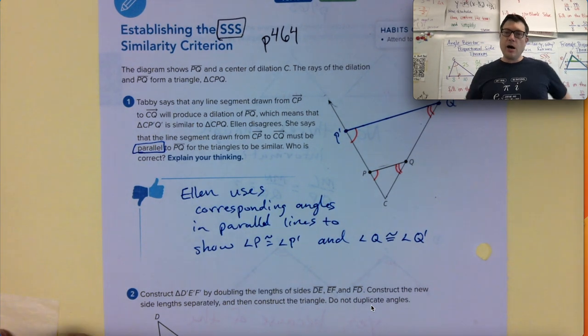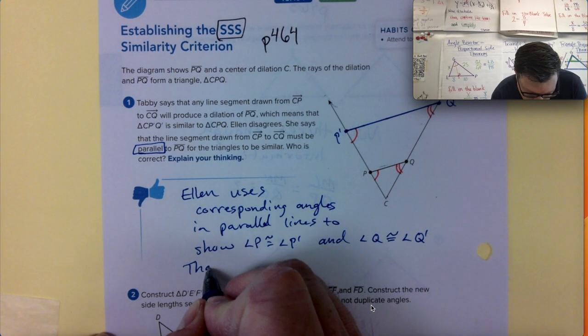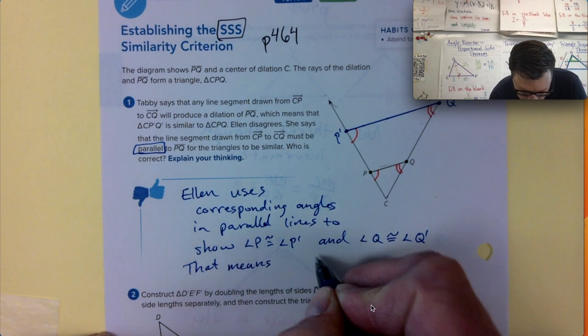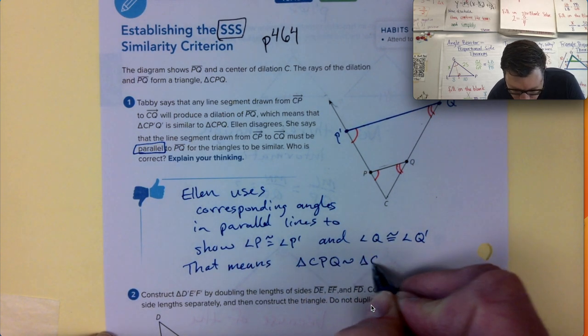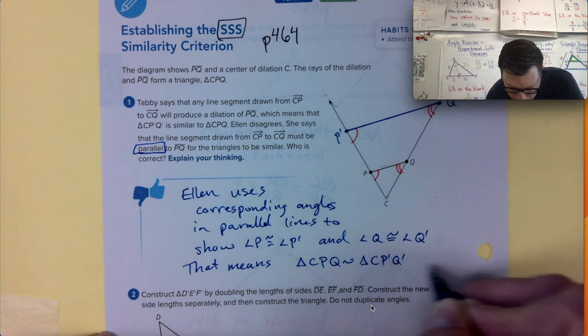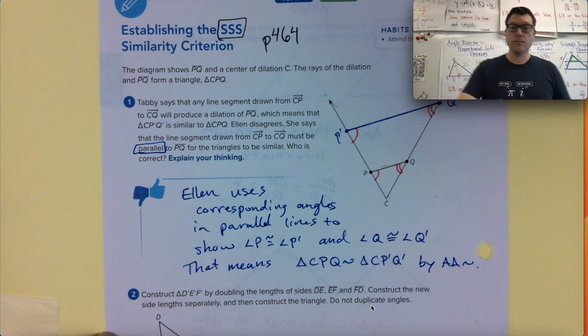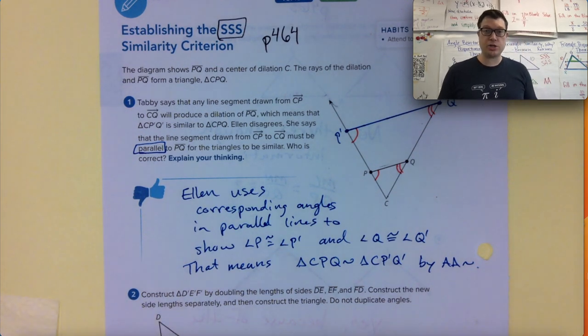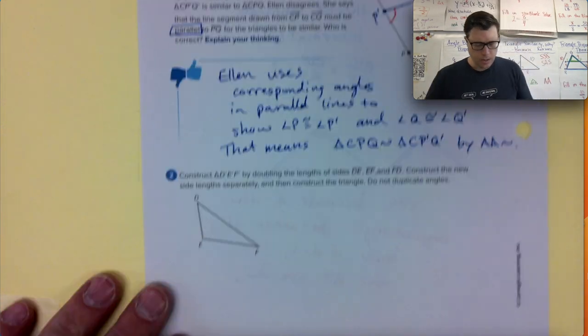And because of that fact, that means triangle CPQ is similar to triangle CP prime Q prime by angle-angle similarity. All of that is necessary in the conversation about whether or not we're going to show the two triangles are similar. Let's do number 2.